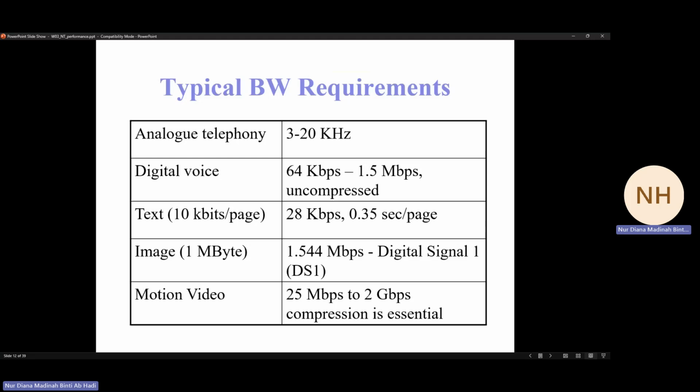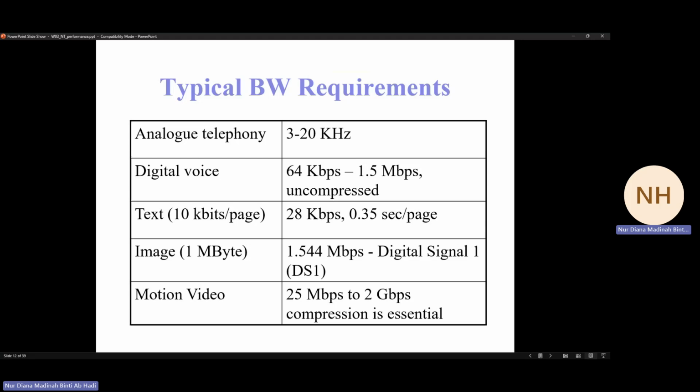If we are having 10 kilobits per page, we require around 28 kilobits per second, which means around 0.35 second per page. While for an image of 1 megabyte, you require around 1.544 mbps, using the digital signal 1.